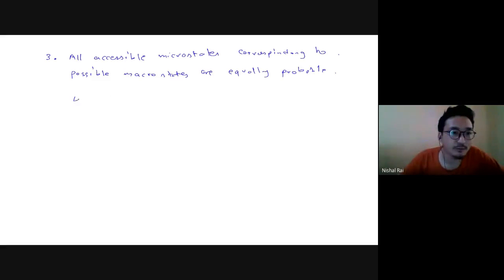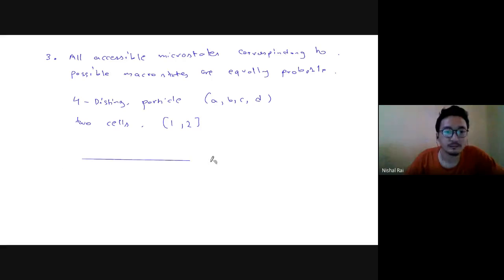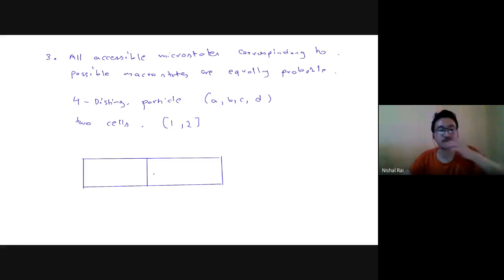Now let's consider we have 4 distinguishable particles, A, B, C, D, which are in 2 cells. They are in 2 cells, let's call them 1 and 2. Now we have 2 cells, and according to the second law, each cell should be of equal size.